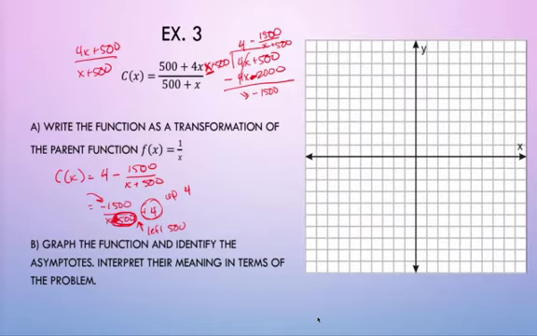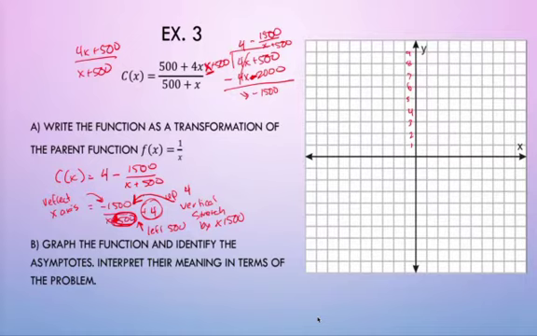We have a negative, so that reflects it over the x-axis. And we have a vertical stretch by a factor of 1500. So if we were to graph this function, let's say that our scale here, this is just going to be 1, 2, 3, 4, 5, 6, 7, 8, 9.